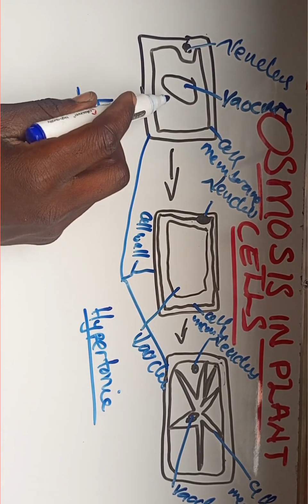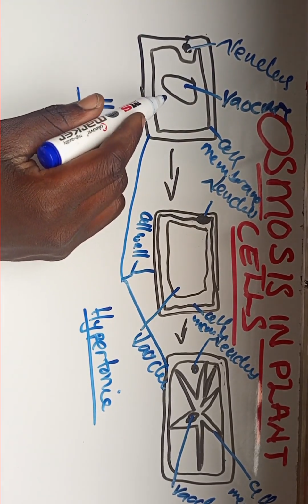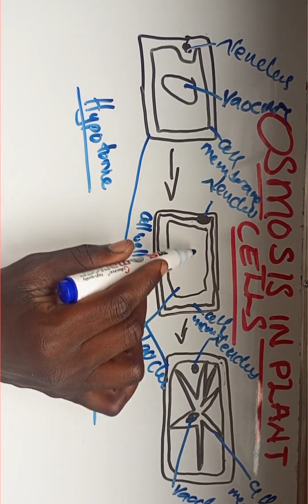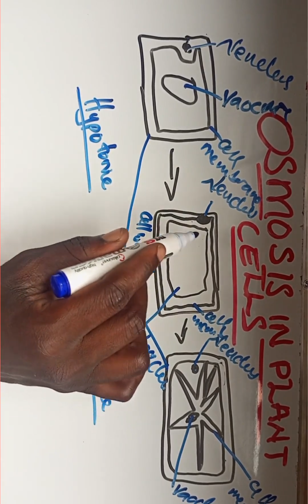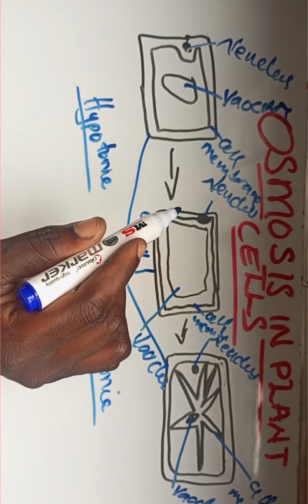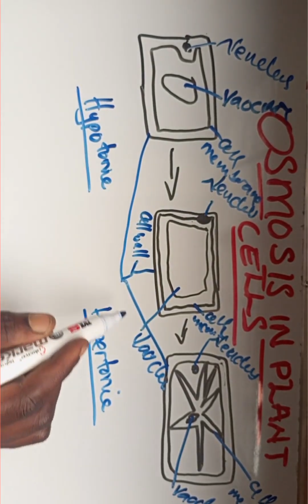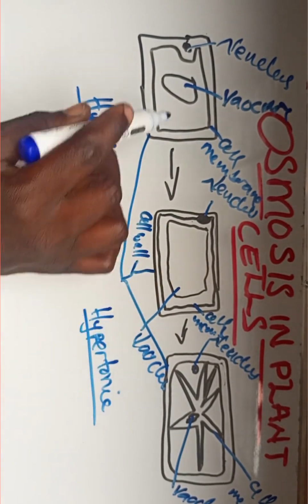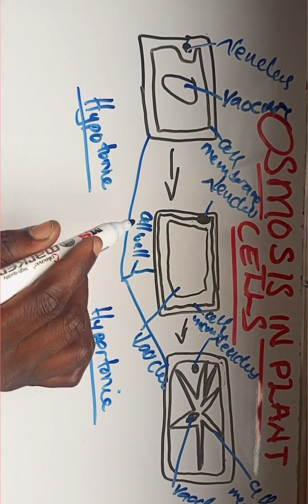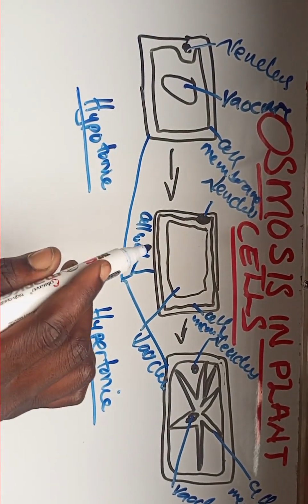And when the water enters inside the cell it will become like this, meaning the vacuole will grow, and the cell membrane will reach where the cell wall is.